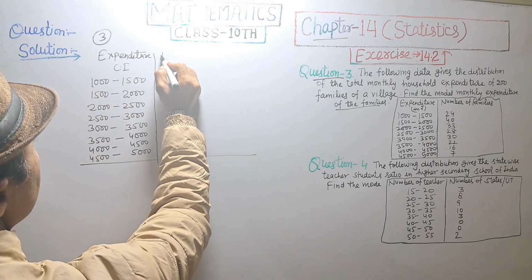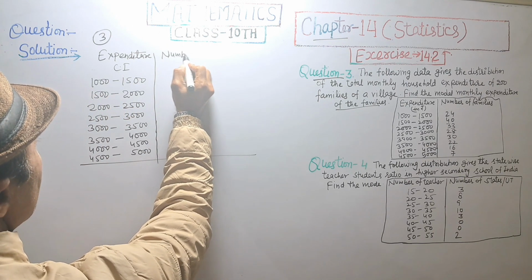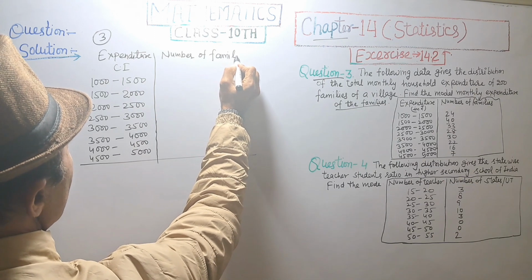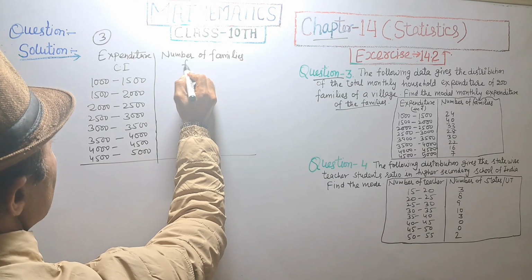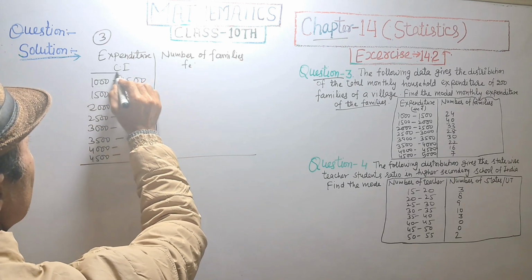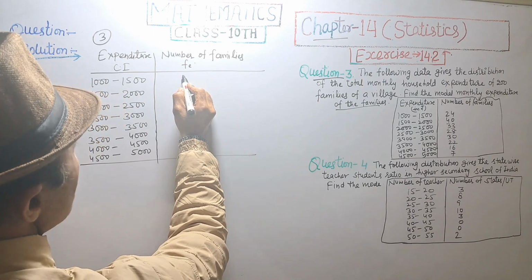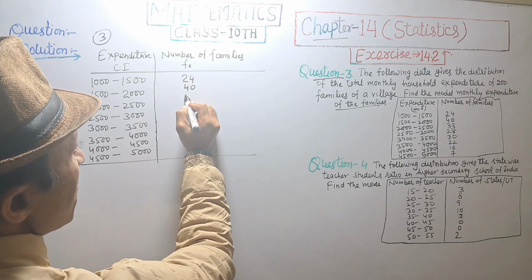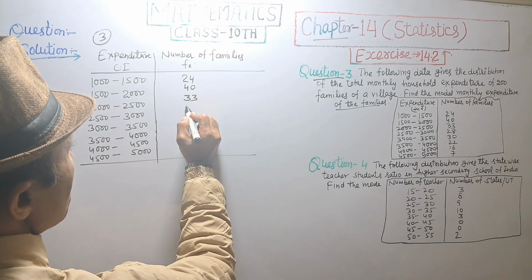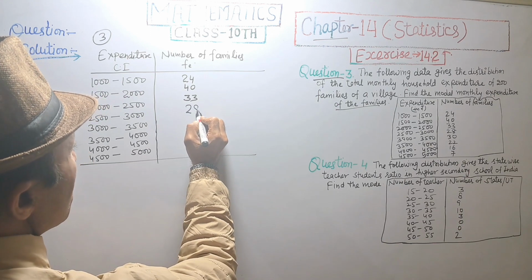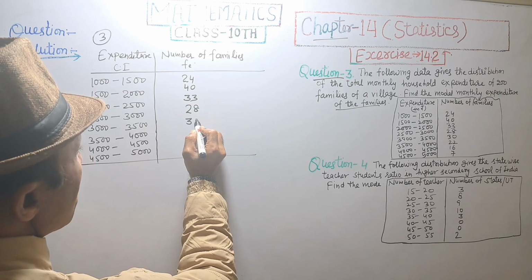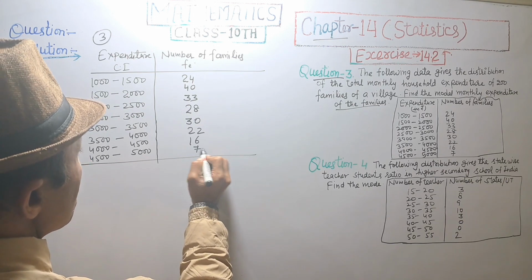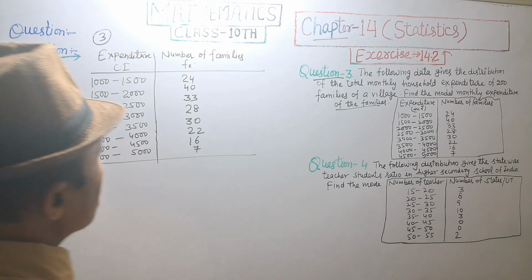And number of families, that is frequency: 24, 40, 33, 28, 30, 22, 16 and 7.